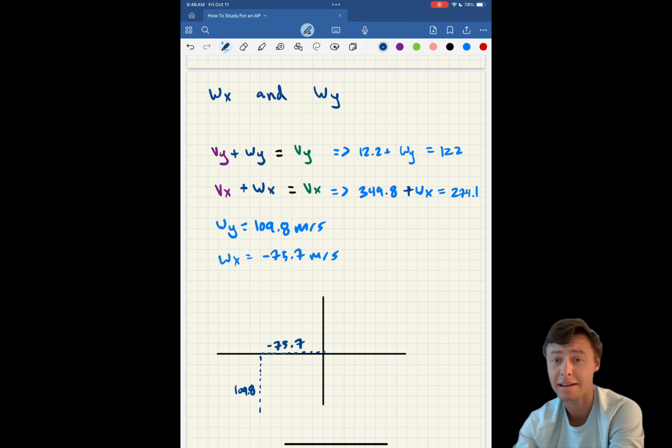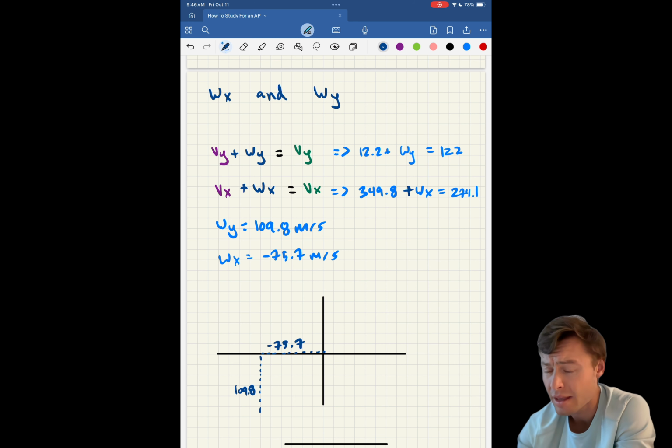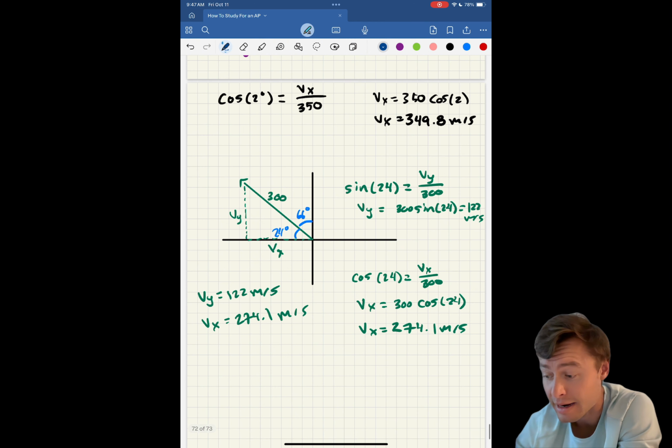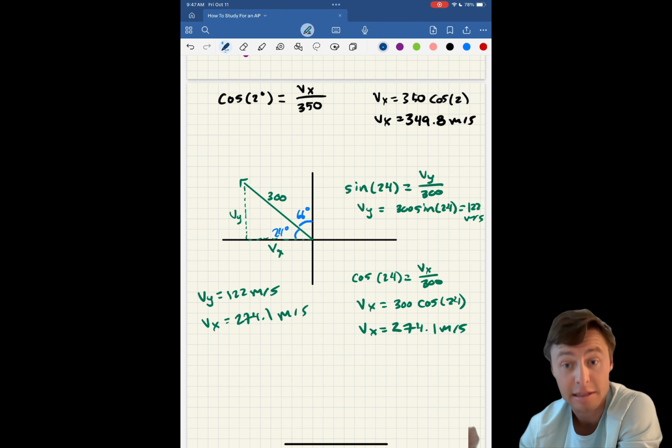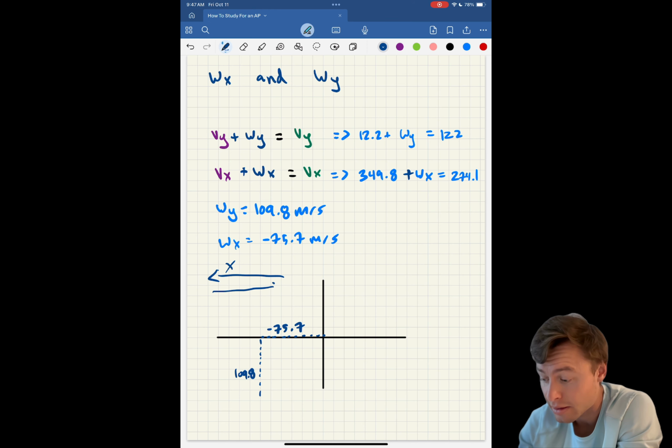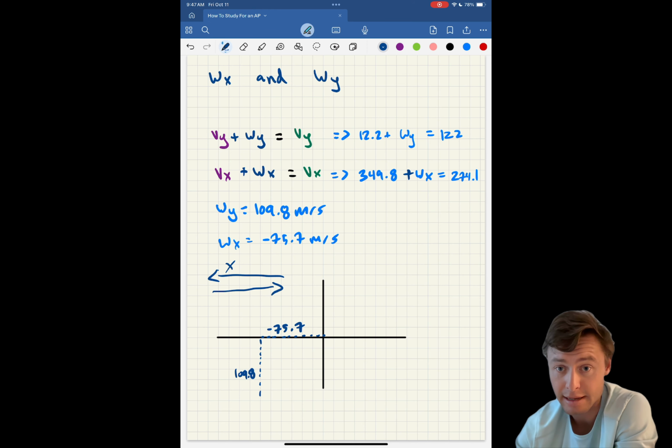Now, what does that negative mean? And I don't want this to be confusing. That negative means that rather than going this direction on the x-axis, because we originally defined left on the x-axis as positive, it means that this wind is actually going right on the x-axis.